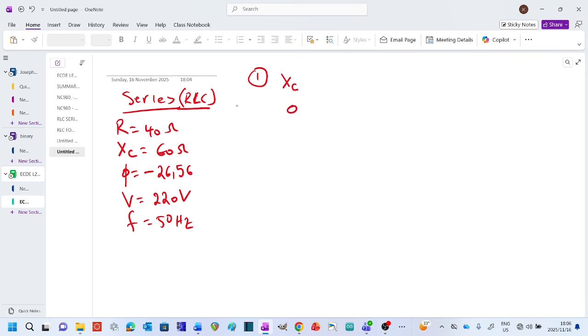The angle is given. So the angle equals tan to the power negative 1 of XL minus XC over R.